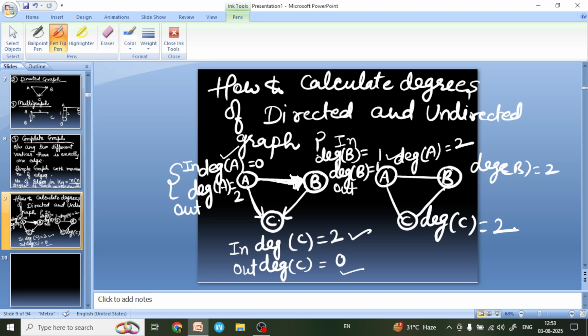So that's why all degrees of vertices in this undirected graph will be 2.